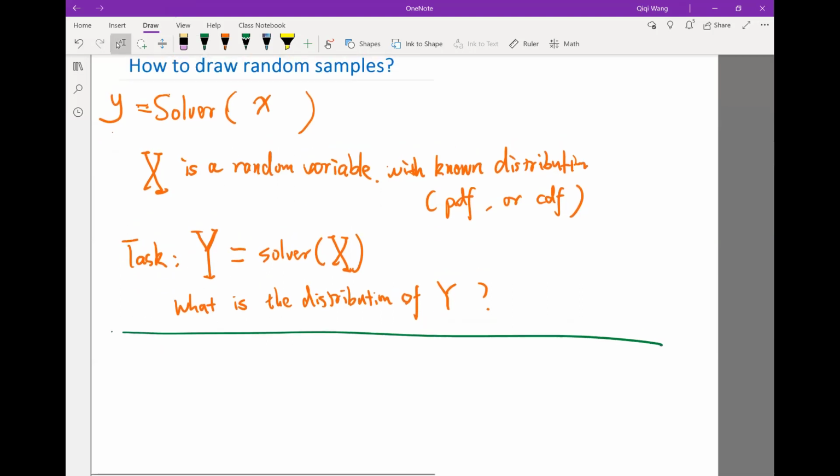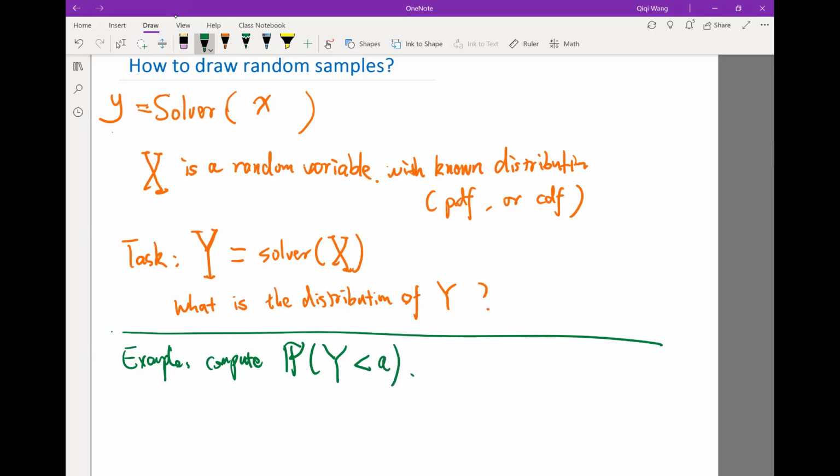The easiest thing to do is to compute the probability that y is less than a certain number, let's say a. That is basically computing the value of the CDF of y at a. So how do we do that?